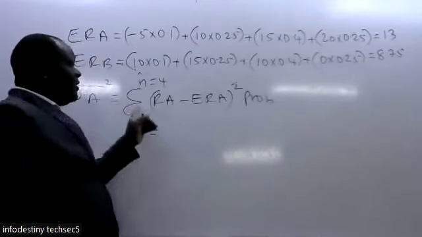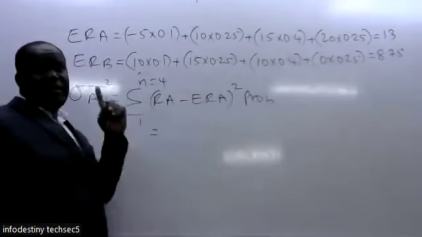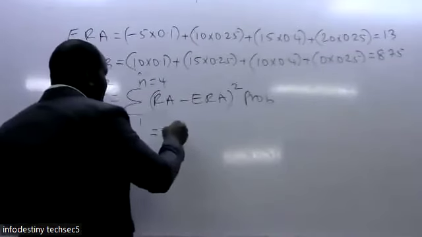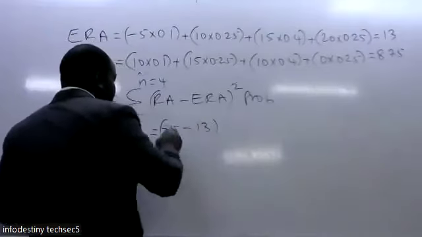We shall not get the square root because we are looking for the variance, not the standard deviation. So the first one for A is -5. You also subtract 13.